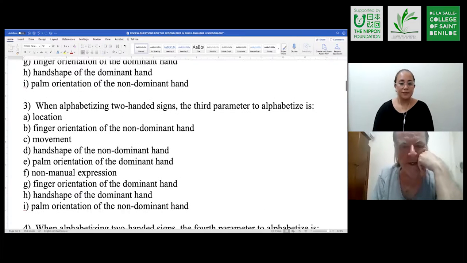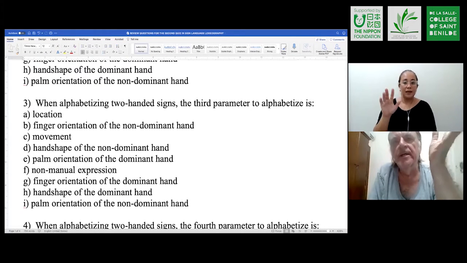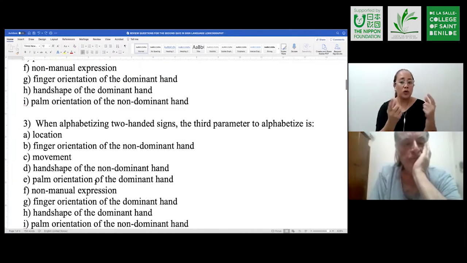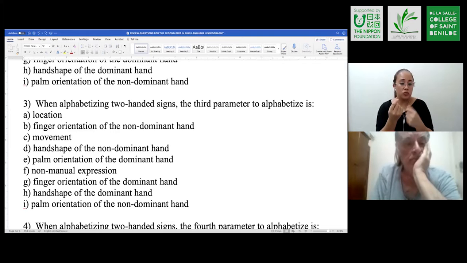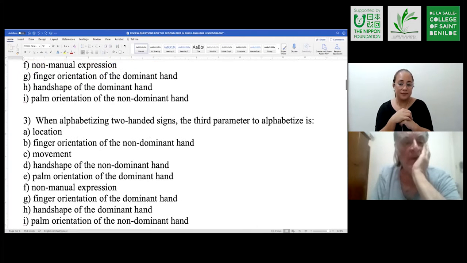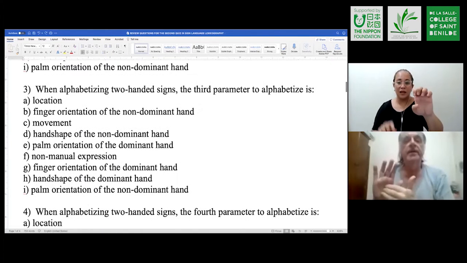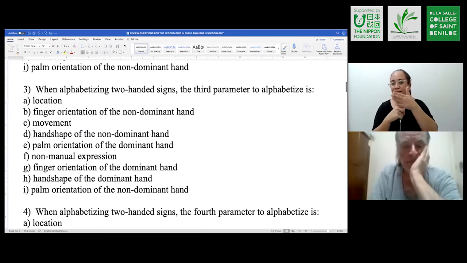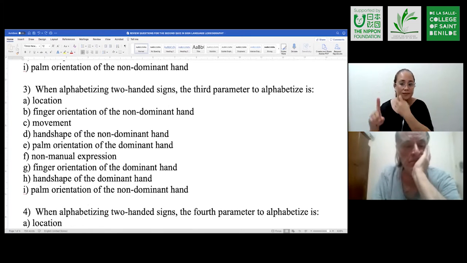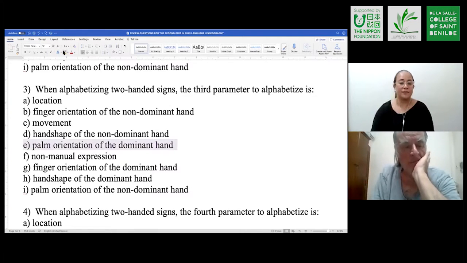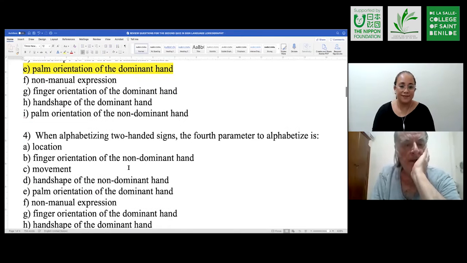Question 3. After you do the hand shape of the dominant hand and the hand shape of the non-dominant hand, then what do you do? Jasmine is saying E. Yami says E. E is correct, the palm orientation of the dominant hand. Okay, number 4.